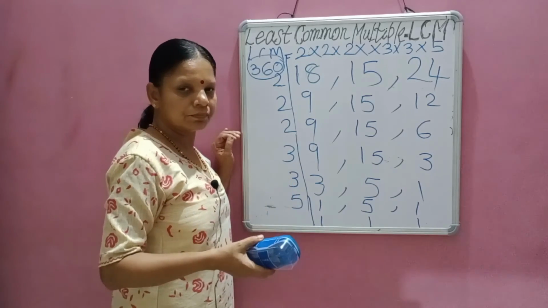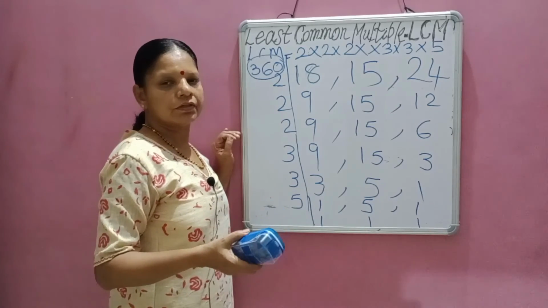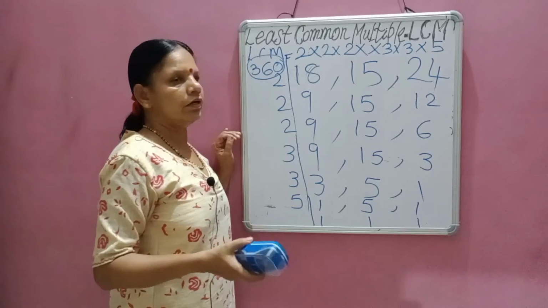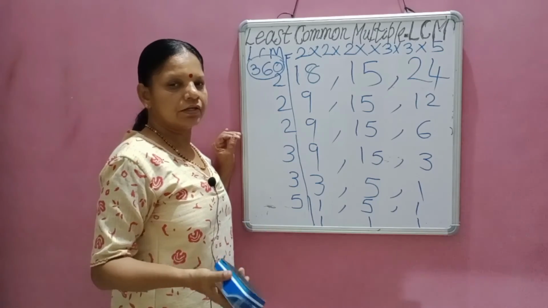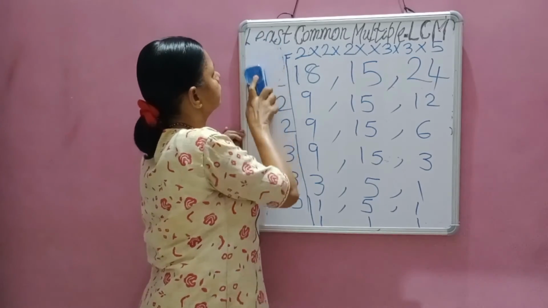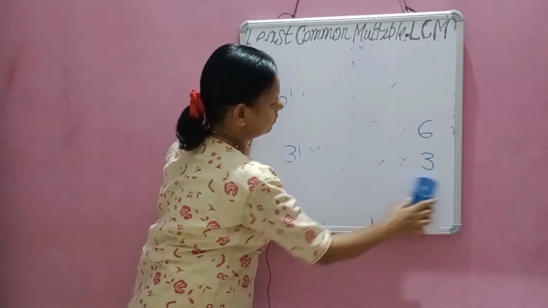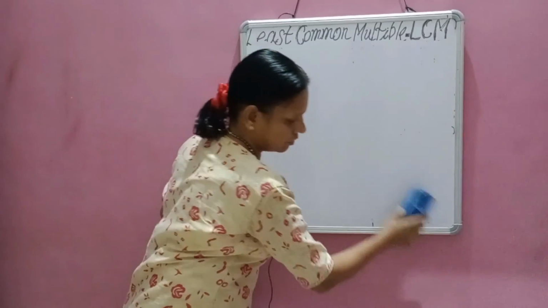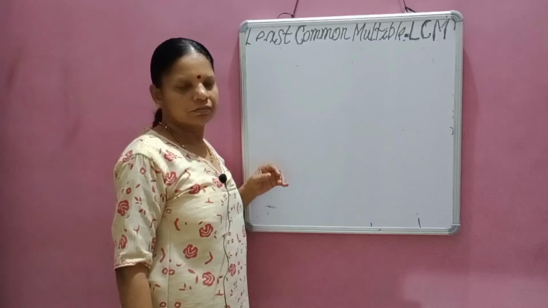It is very important when you do mathematical calculations, especially when adding fractions, which we will be studying later. So I think you understood it. What is LCM? It is least common multiple. Clear?